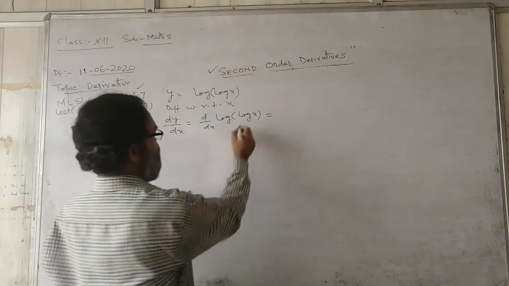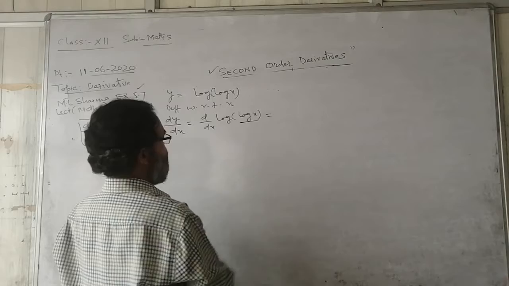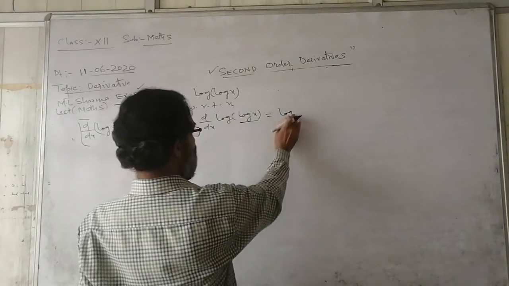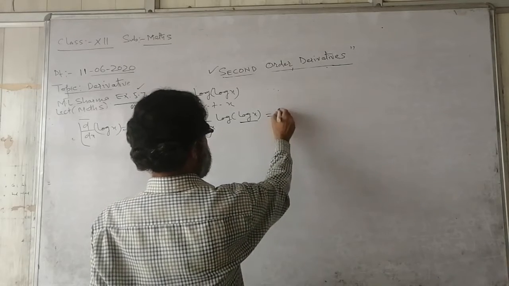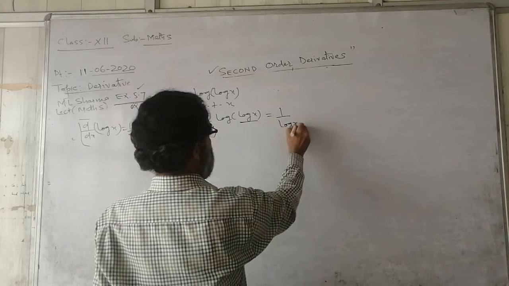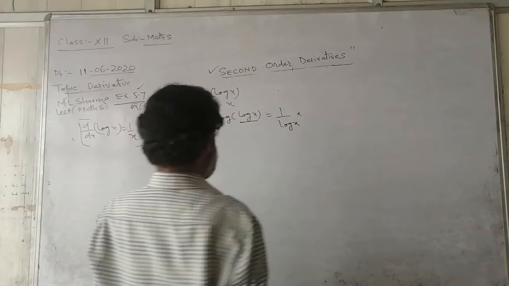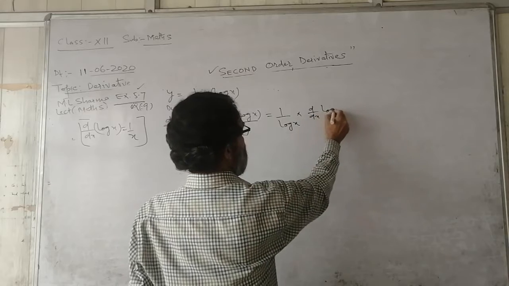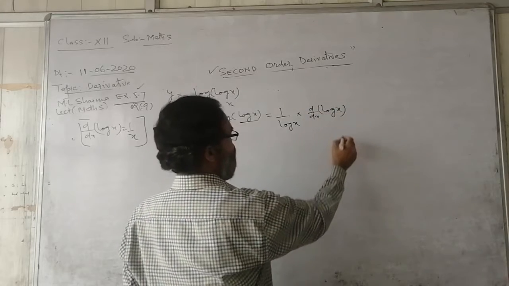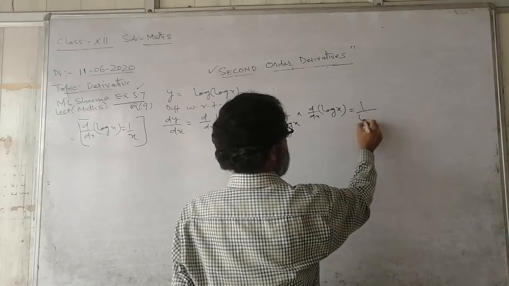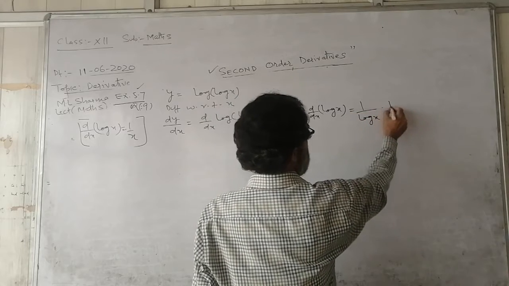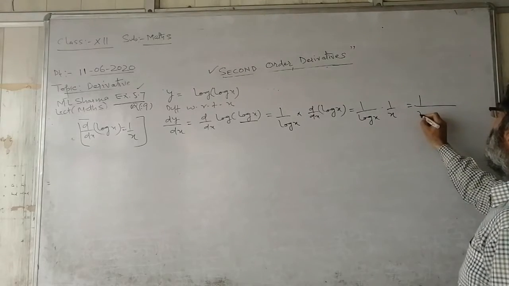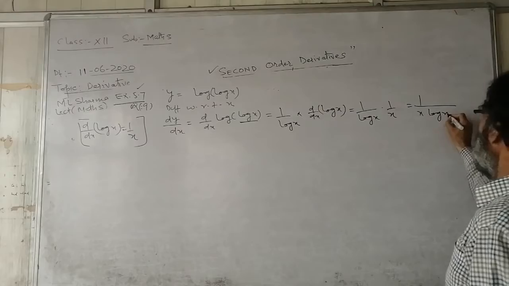If this is considered as a whole, its derivative will be 1 upon log x into the derivative of log x, d upon dx of log x, which is 1 upon x. So this will equal 1 upon log x into 1 upon x. That means this will equal 1 upon x log x.